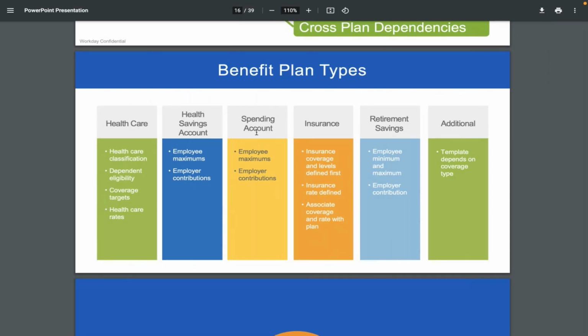HSA and spending account, or you can also call both together flexible spending account, savings account, spending account. These two are dedicated to the USA because in the USA we have a mandatory benefit called flexible spending account. So these two are dedicatedly for the USA. If you are implementing for the USA, then you may need to configure benefit plans under these two categories. Healthcare is globally applicable. Most of the countries and employers offer some benefit plans for their employees.